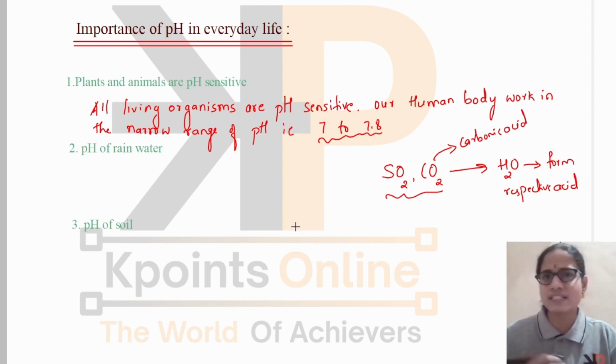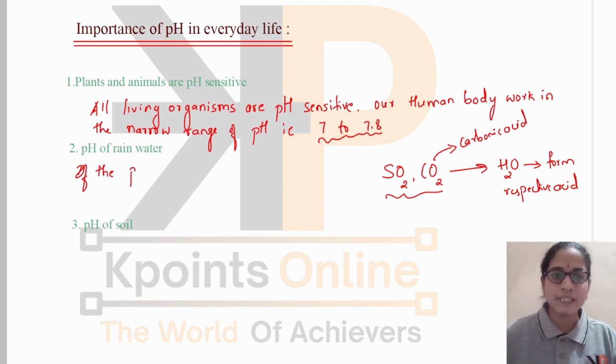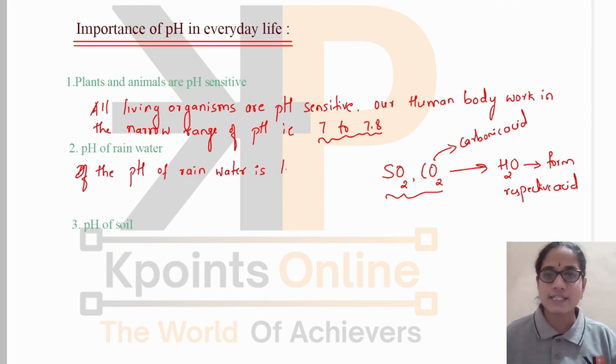When the pH of this rainwater decreases, what happens? It will affect aquatic life and aquatic plants, and the same rainwater that is used for agricultural purposes will also affect the crops that are grown. If the pH of rainwater is less than 5.6, it is called acid rain.